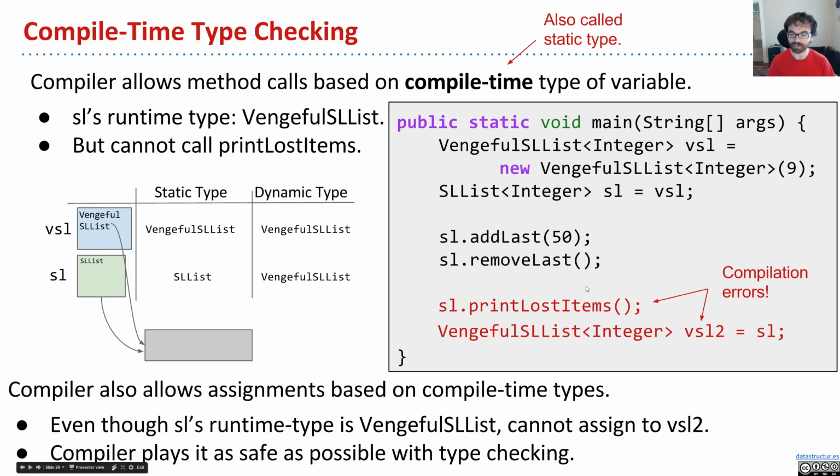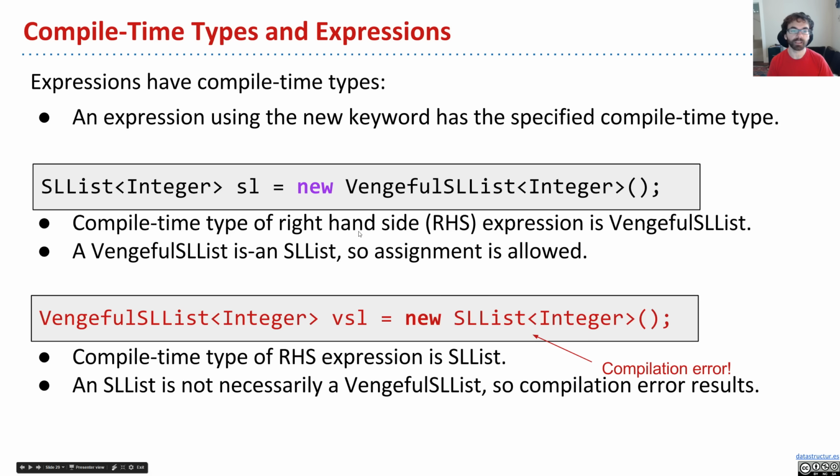Now this last bit, where we said we could not do this assignment, we can generalize a bit and say that expressions have compile time types. One of the jobs of the compiler is to make sure that all the expressions' compile time types line up. We're not going to go through the whole type system in Java because it's too complicated, but I'll give a couple examples.